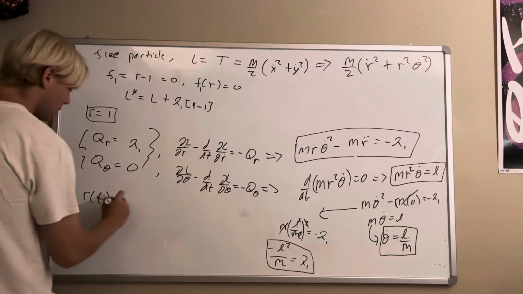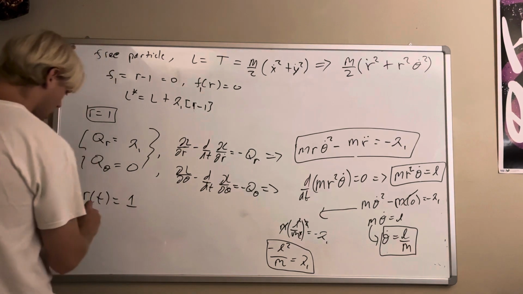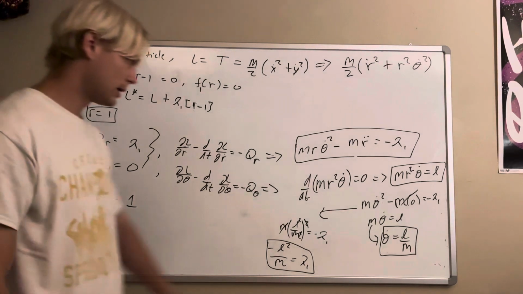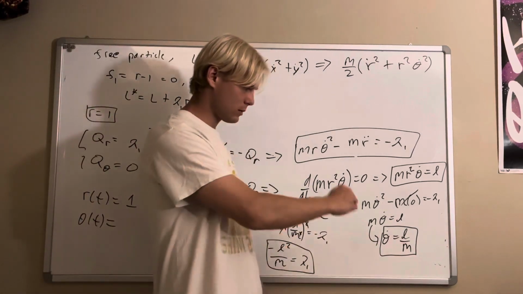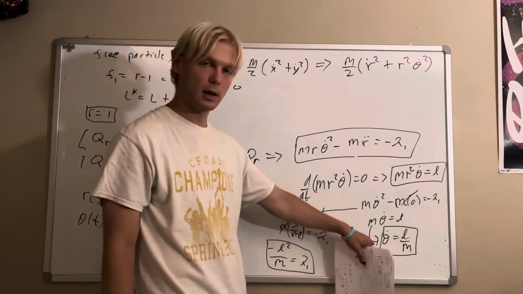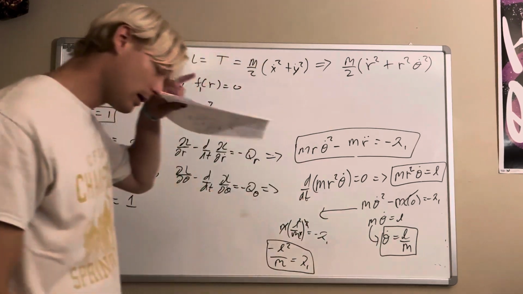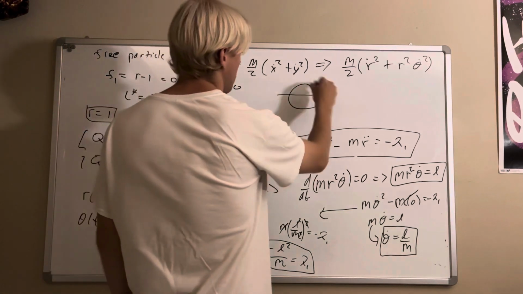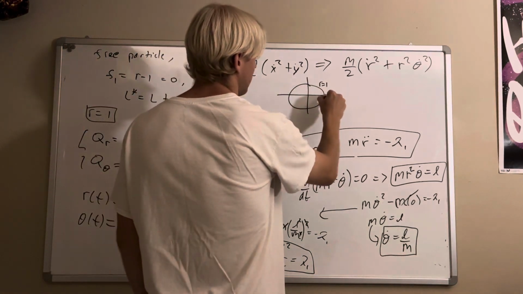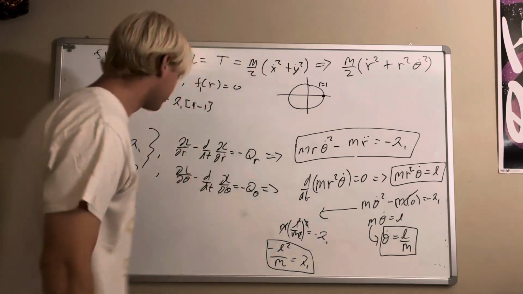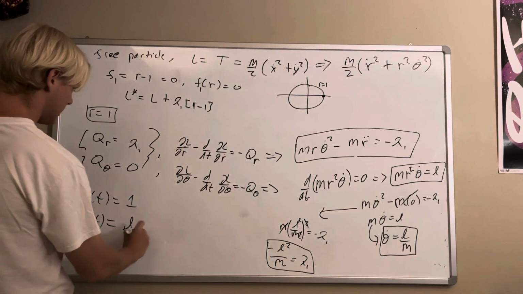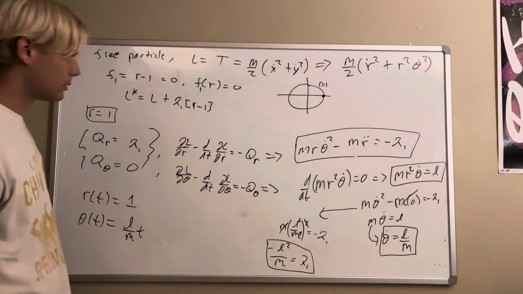R of t is 1. Theta of t, we do a time derivative, so integrate it once. It depends on our initial condition. We can say it started here at theta equals 0. So we get L over m times t plus 0.